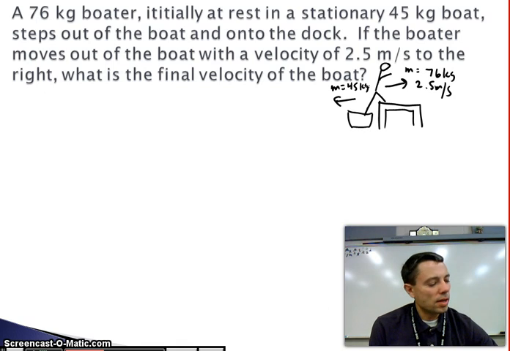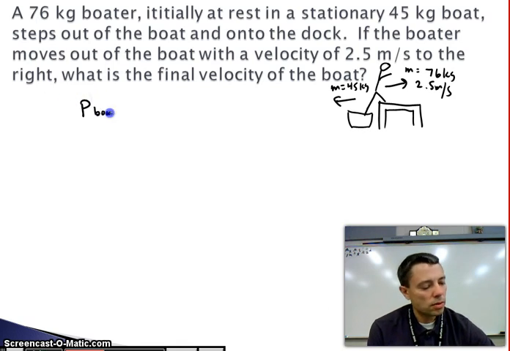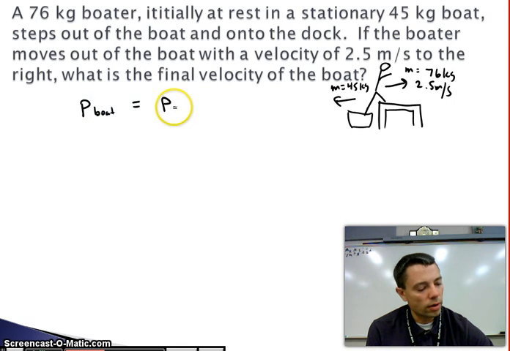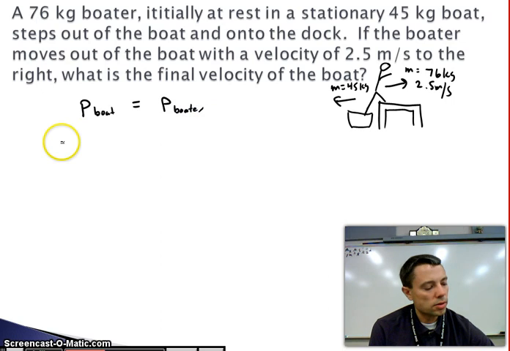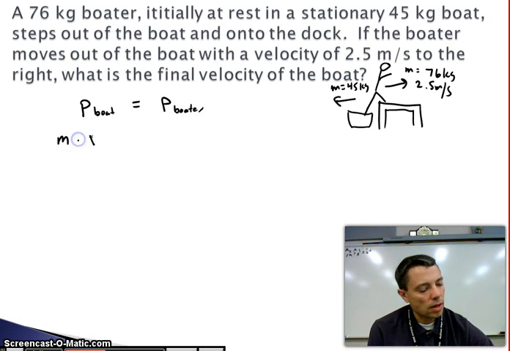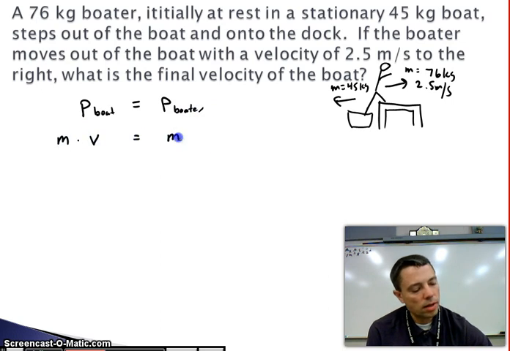All right. So again, the momentum of the boat is going to be equal to the momentum of the boater. Okay? So again, it's the mass times the velocity is equal to a mass times the velocity. You have to remember, though, that these have to be of the boater and these have to be of the boat.